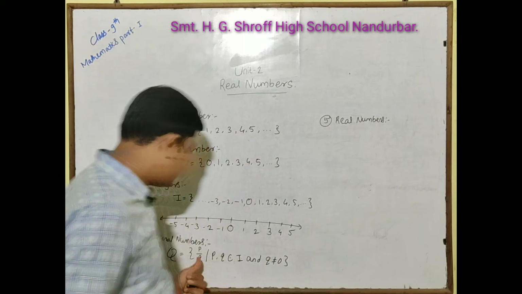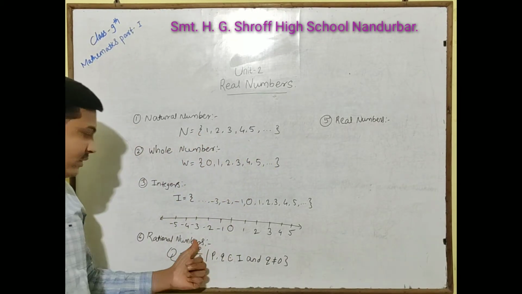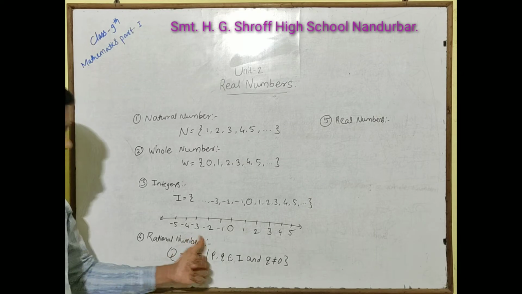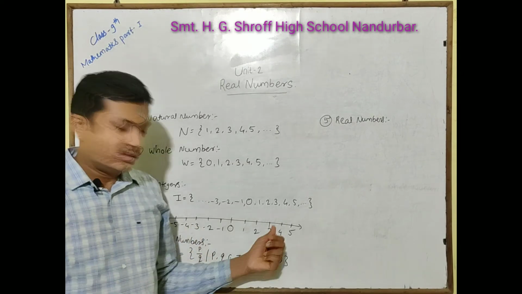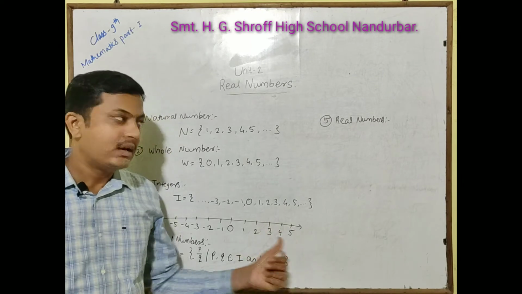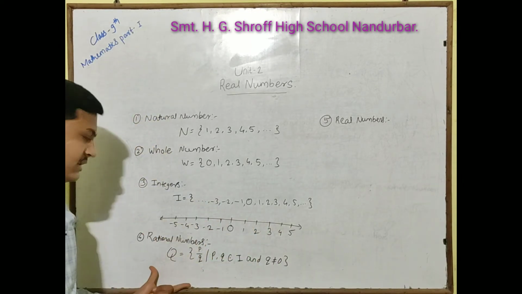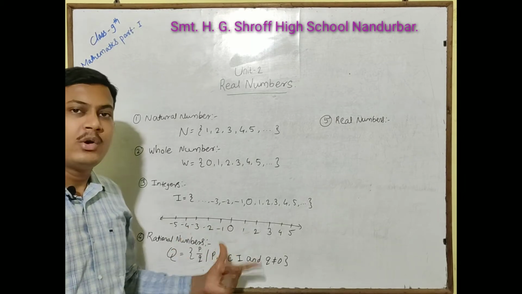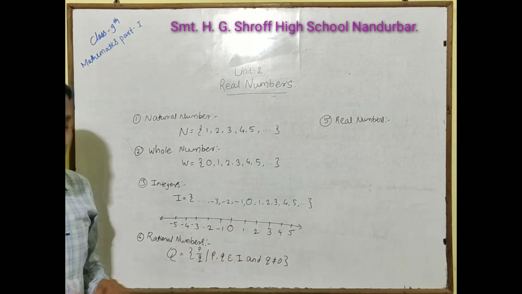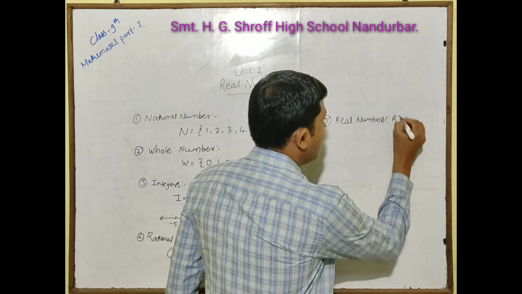The number which is in the form of p upon q. If we take the decimal expansion, if it is terminating or non-terminating recurring, then it is a rational number. If the decimal expansion is non-terminating and non-recurring, then it is an irrational number. The set of real numbers is represented by a capital letter R.